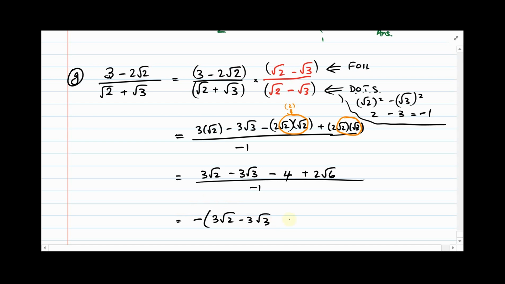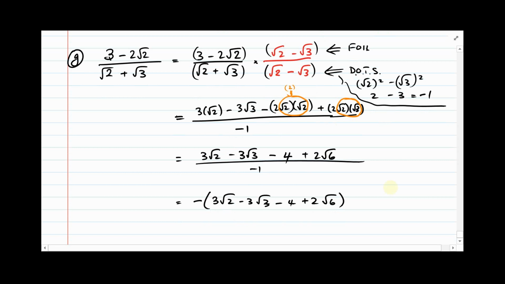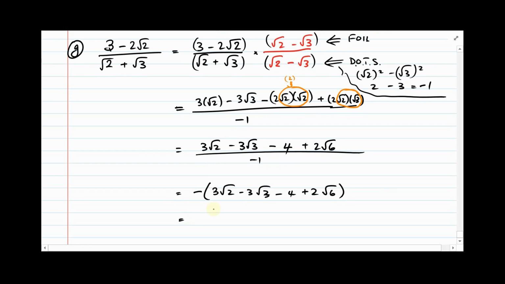Either you can write the negative, or later on we can distribute that negative sign, and so we could write our final answer minus 3 root 2, plus 3 root 3, plus 4 if you want, minus 2 root 6.